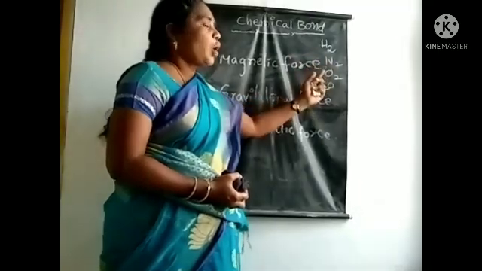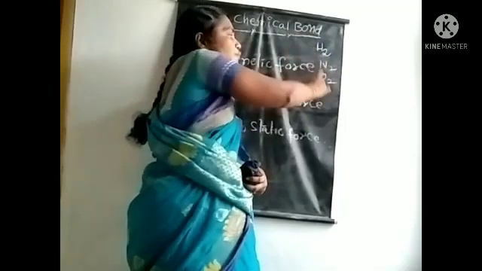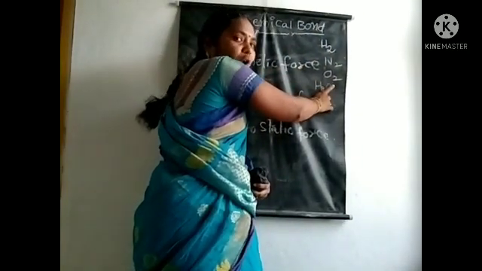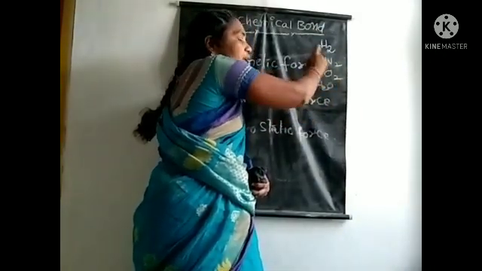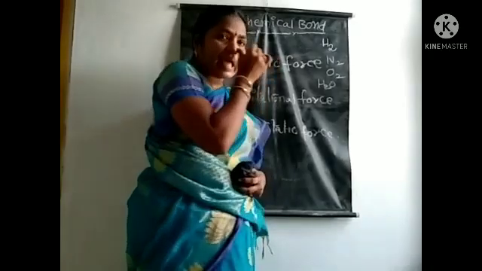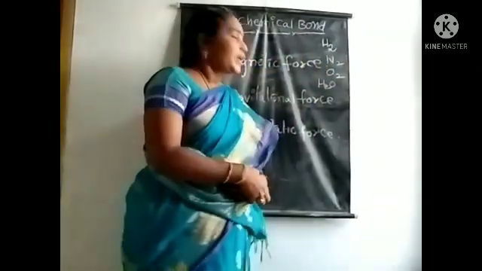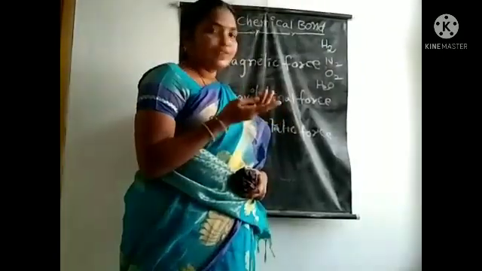Like that, one oxygen combines with another oxygen and forms O2, and two hydrogen atoms combine with one oxygen atom and form water. Here one nitrogen combines with another nitrogen and forms N2.